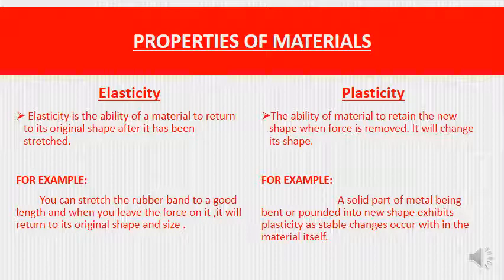Plasticity, property number 4. The ability of material to retain the new shape when force is removed is called plasticity. For example, a solid piece of metal being bent or pounded into a new shape is called plasticity, as the material will stay in its new shape.